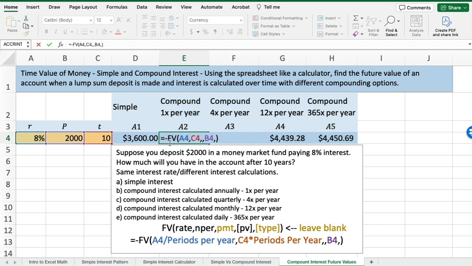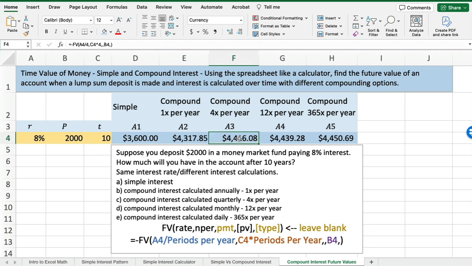So equals negative FV parenthesis A4 comma C4 comma B4 comma parenthesis. So exactly what you see there is what we need to type in under our compound interest that is compounded annually or once per year.